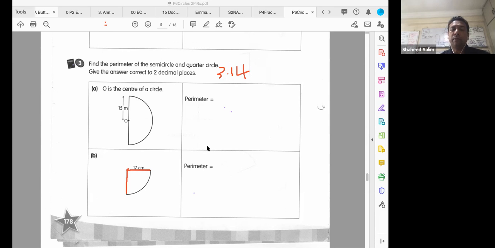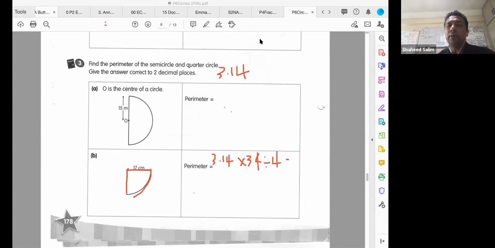So, Ilhan, if you can't get it, I'm going to just run through now. 3.14 times the diameter, which is 34. After that, you divide by 4. Why divide by 4? Because you only want one part here. Then you get your answer.